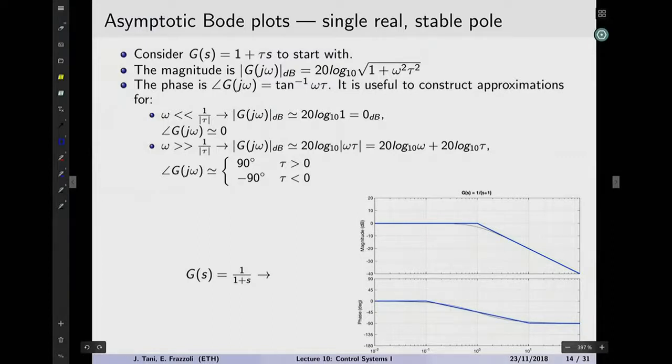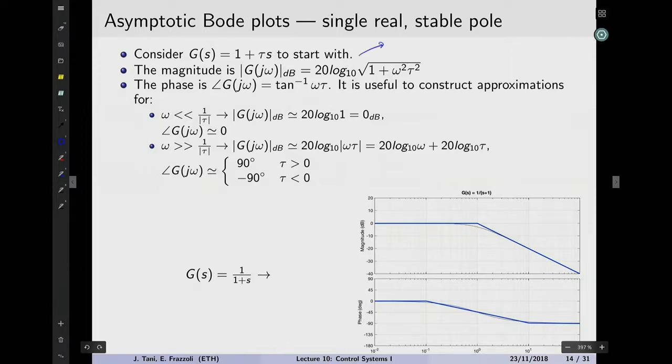So let's suppose now we're looking at a binomial term, okay? So it's 1 plus tau s. Let's suppose we have it at the numerator, okay? And we will study the properties at the numerator, and then it's going to be easy to extract properties at the denominator. Same approach as before. What is the magnitude? What is the phase?